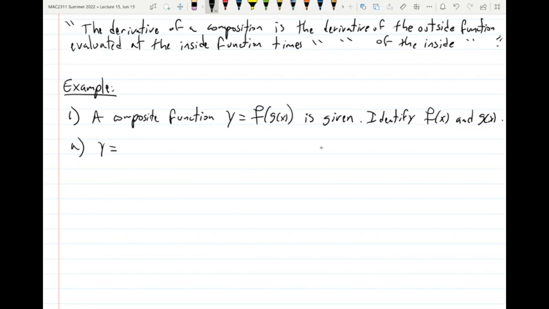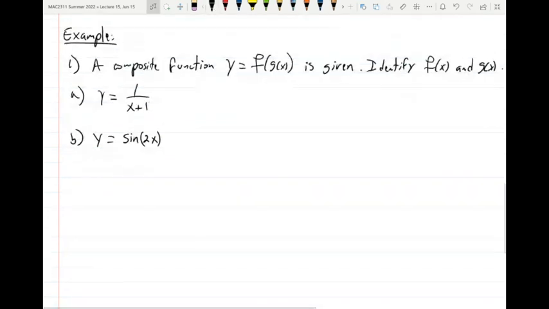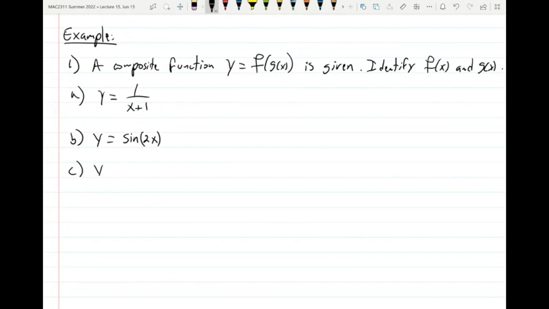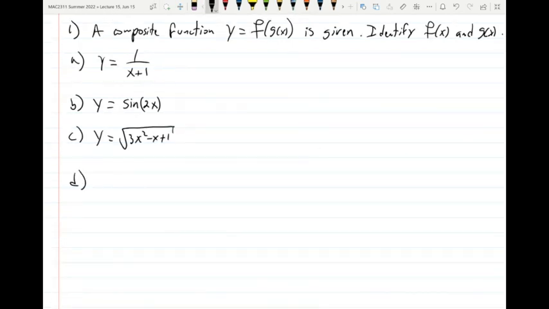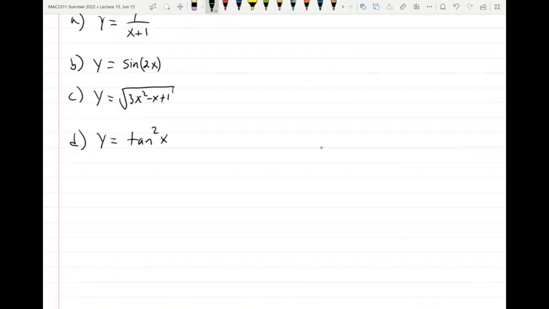All right, so 1 over x plus 1. Let's do sine of 2x. Let's do the square root of 3x squared minus x plus 1. Tangent squared of x.